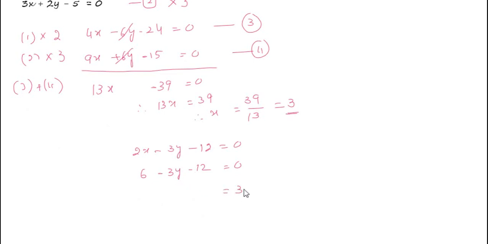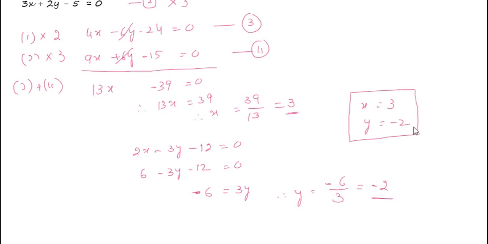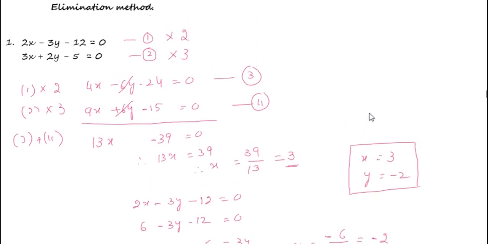So it is 3y equal to 6 minus 12, which is minus 6. Therefore y equal to minus 6 divided by 3 equal to minus 2. So now we have x equal to 3 and y equal to minus 2. These are the values of x and y, and hence the solution of this set of linear equations in two variables.